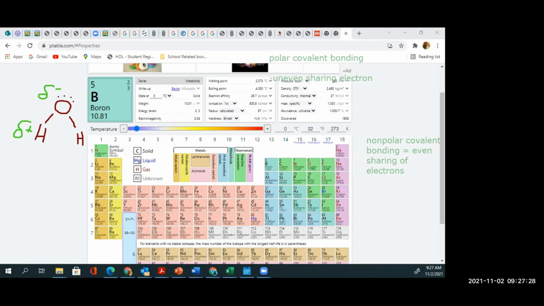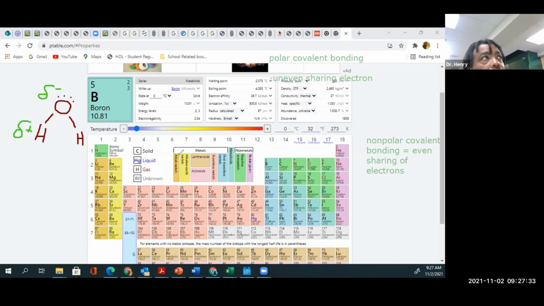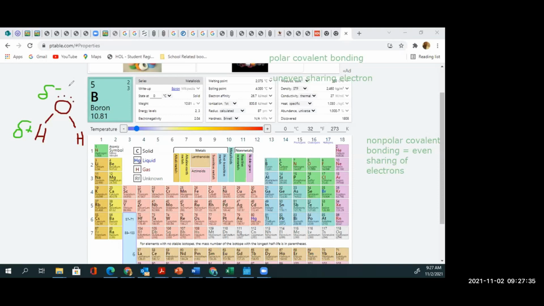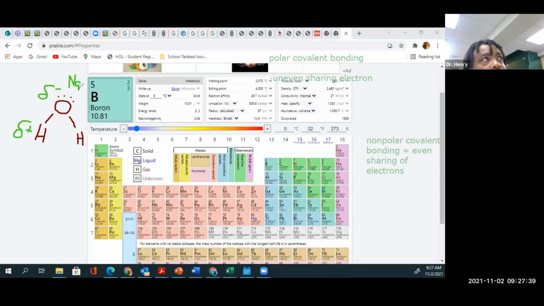It dissolves, right? It dissolves because you're going to have your sodium, which is positively charged, interacting with the partial negative charge of oxygen. And then your chlorine ion is going to be interacting with your hydrogen, which is partially positive. And so it separates them.